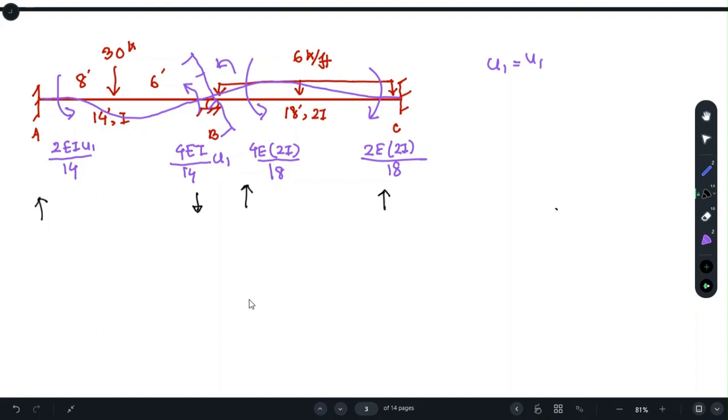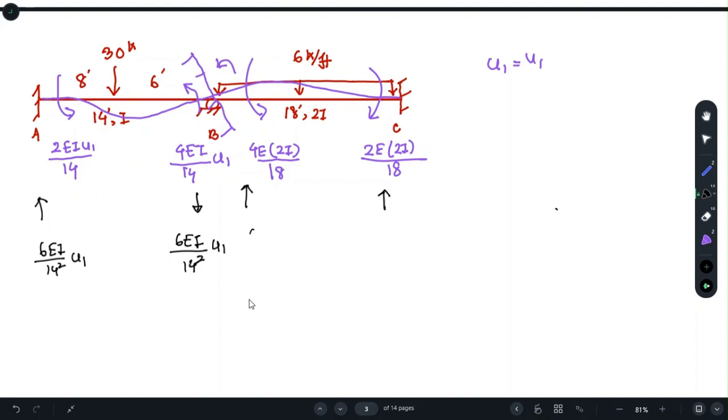So how much will be the reaction? The reaction will be 6EI over L squared, multiplied by u1. Here the L is 14 for this part. Here it will be 6EI over L squared u1.